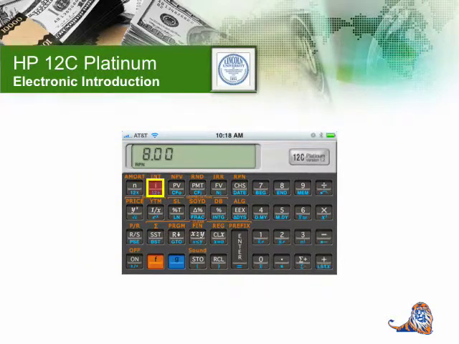Next, all we want to do is see what the calculation would be once again if we simply change the interest rate. So we've entered the number 8, hit the interest key, followed by the PV key for the present value, and what do we get? A different sum. Because we're getting a higher rate of interest, the return is going to be a little different. So we have $23,159.67.